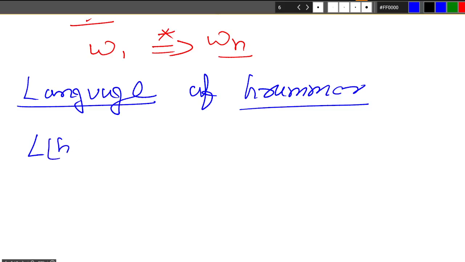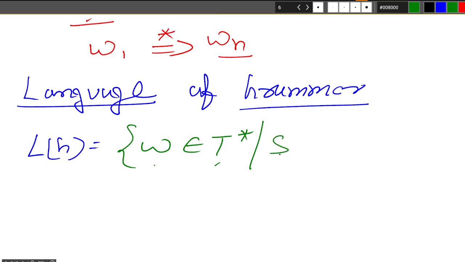The language of a grammar will be those words, elements of your terminal star, for which, if you start from your start symbol, you can reach this particular word after derivation using the particular grammar.